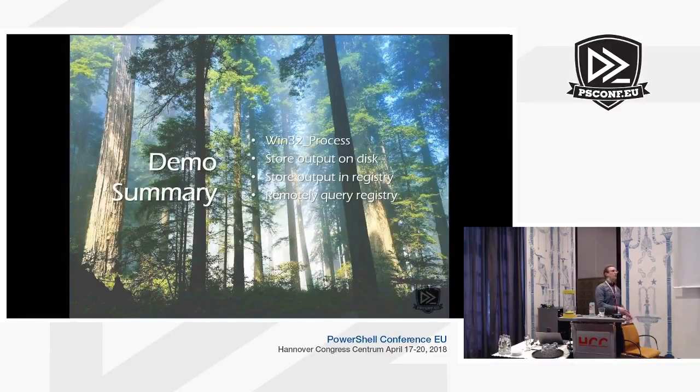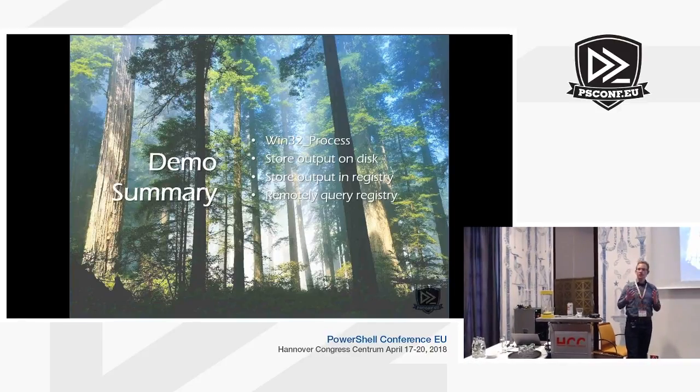So what we've done, we use WMI to remotely start a process on the system. We store the output on disk, and then we read the output that we stored on the remote system. We stored it in the registry of that system. Then we remotely can query the registry to get the information out.